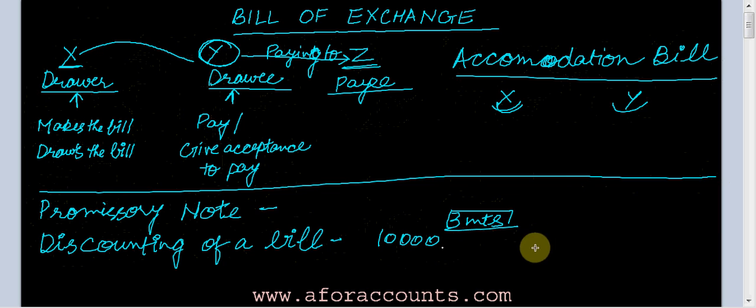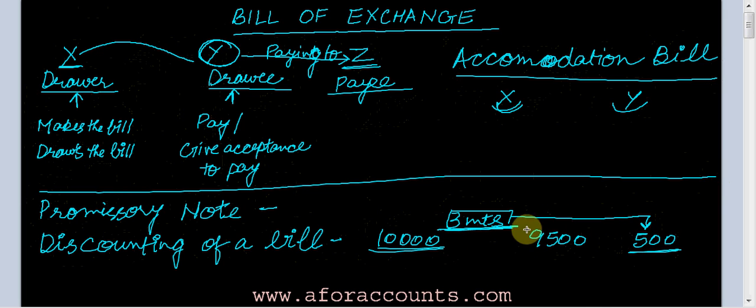So instead of 10,000, say the bank will pay me 9,500, and 500 is the discount. The bank will wait for 3 months and get the full 10,000. So for their waiting, their discounting charge is 500. It is income for the bank and expense for me. So taking the amount from the bank before the bill is matured is discounting of a bill.